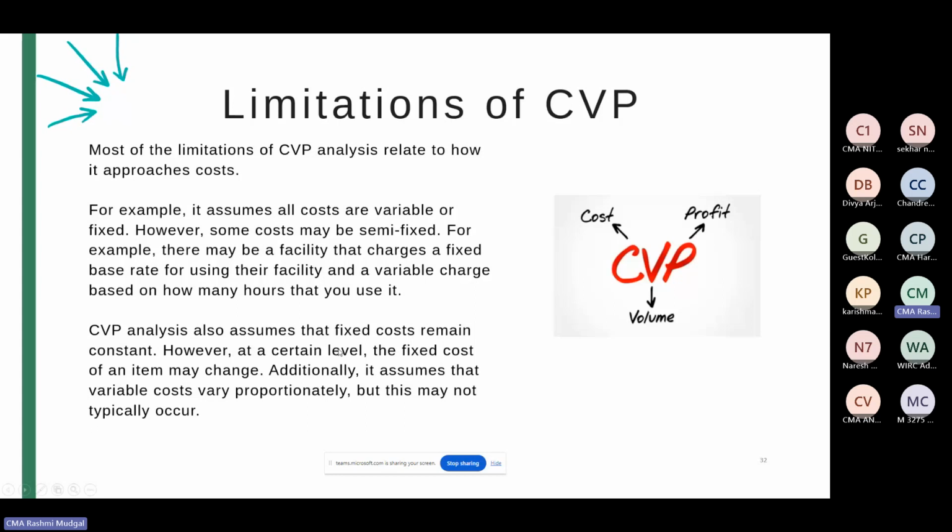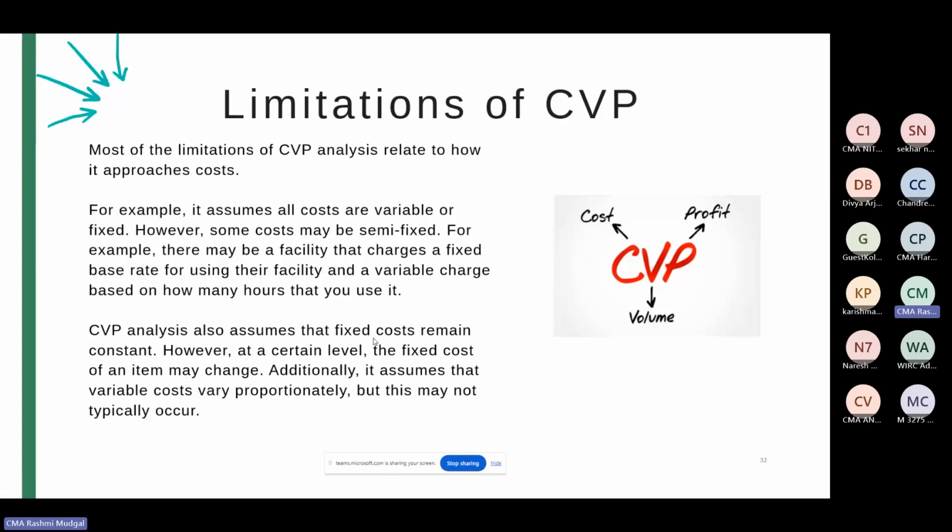Firstly, it assumes that variable cost and fixed cost both will remain the same, but this is not the case. The variable cost also changes with time and with orders, and the fixed cost also changes with time and orders. However, some costs may be semi-fixed. For example, there may be a facility that charges a fixed base rate for using it, or variable charges based on how many hours you have used.